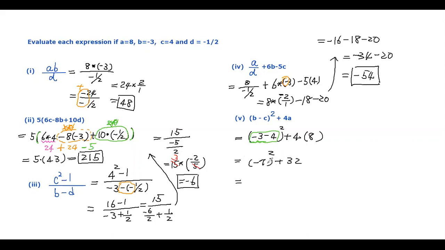Okay, so what is negative 7 squared? Negatives are going to become positives, right? So in here, be careful, this square applies to the negative 7. So basically, this is negative 7 times negative 7, plus 32. So negative times negative is positive, right? So this is 49 plus 32. So 49 plus 32 is what? It's 81. All right.